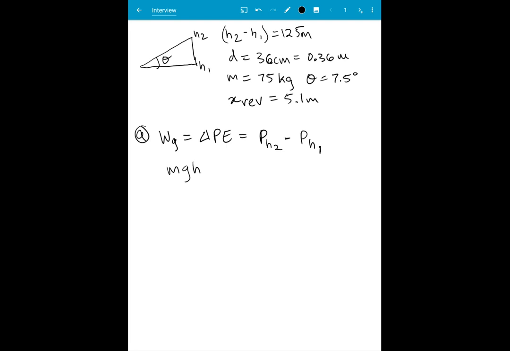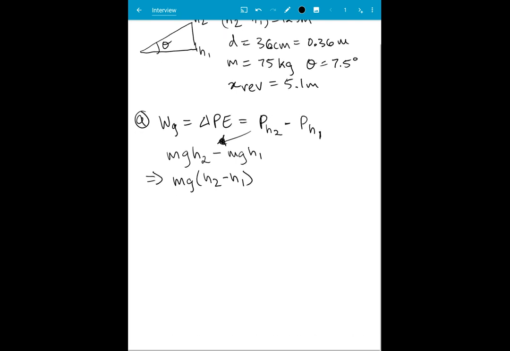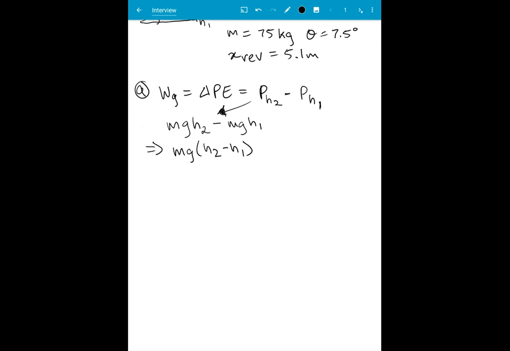Now, if we transfer this formula down right here, we're going to get mgh2 minus mgh1. So we can go ahead and factor out the mg. And now you'll notice that we know all of these values.